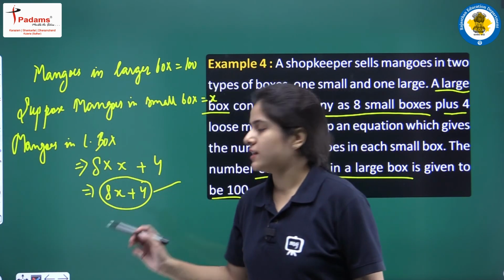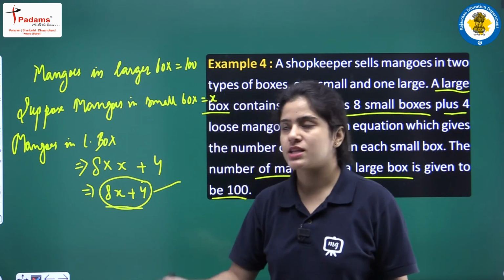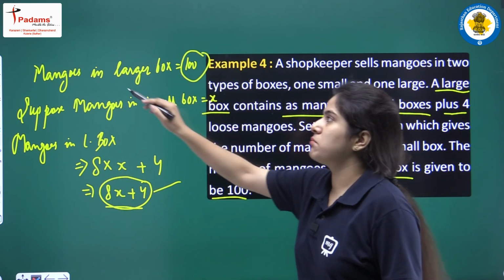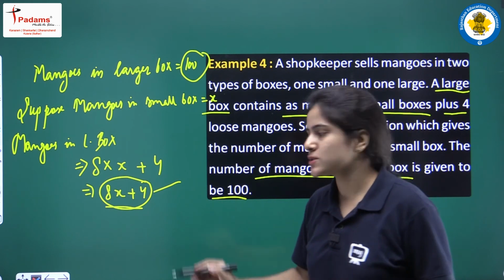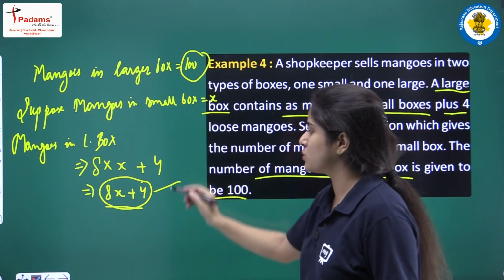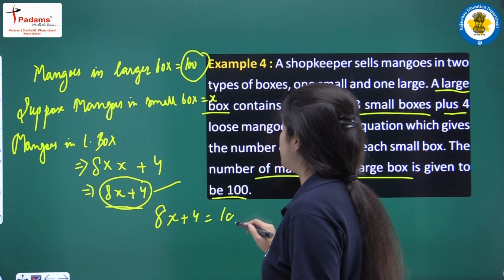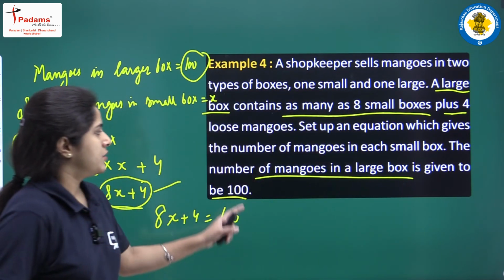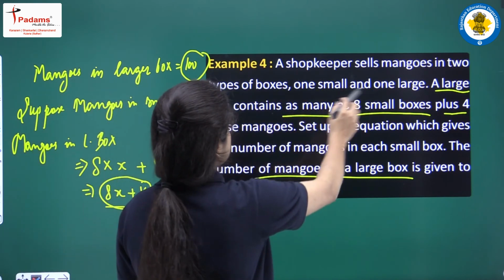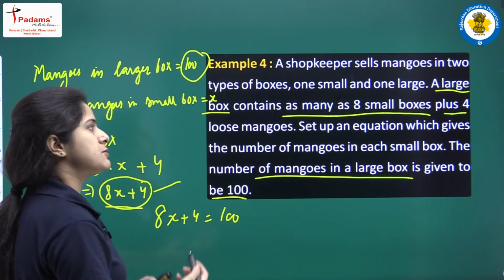Alright students, this is the expression of the larger box, and we also know that mangoes in the larger box is 100 mangoes. So basically we'll equate these two things. 8x plus 4 is equal to 100. Alright students, a shopkeeper sells mangoes in 2 different types of boxes, one small and one large.